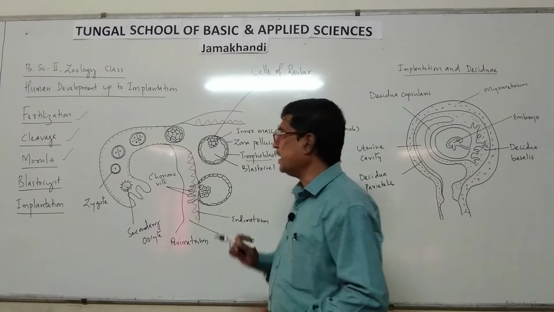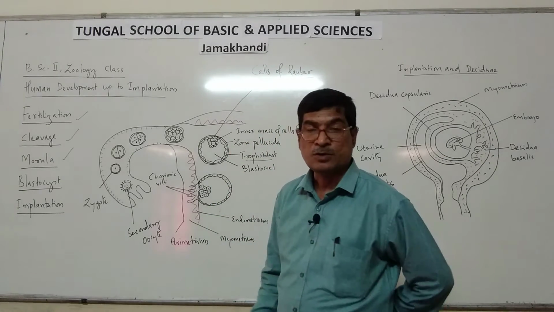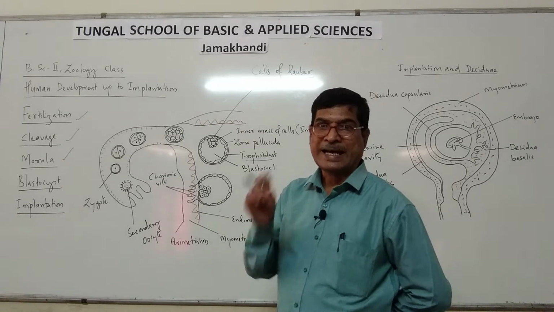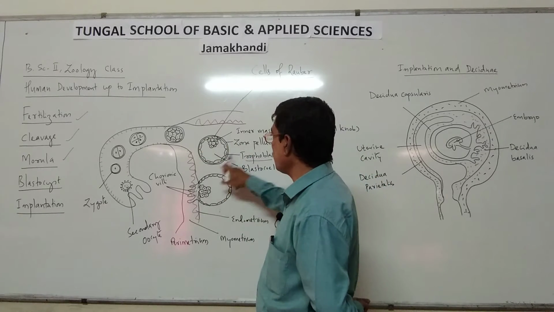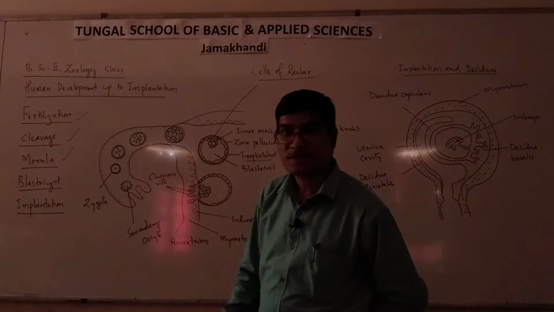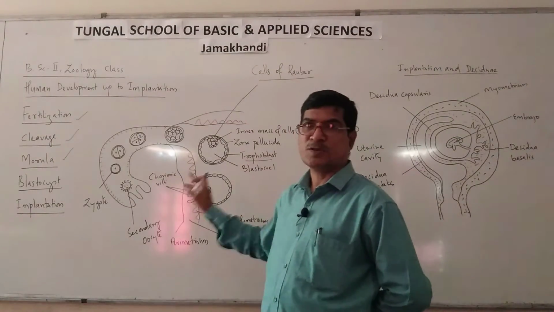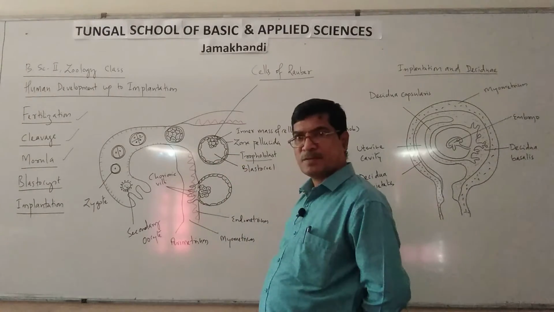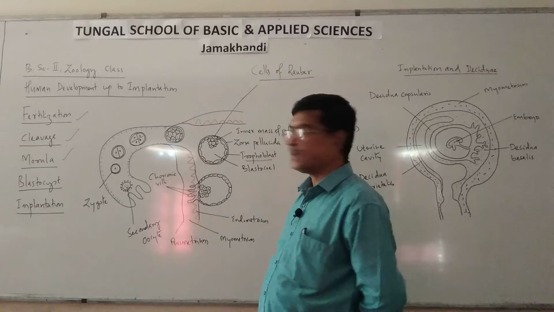Now the zona pellucida ruptures. As long as the zona pellucida is present around the blastocyst, this stage is called the blastocyst. So this cavity is called the blastocyst cavity. Clear?